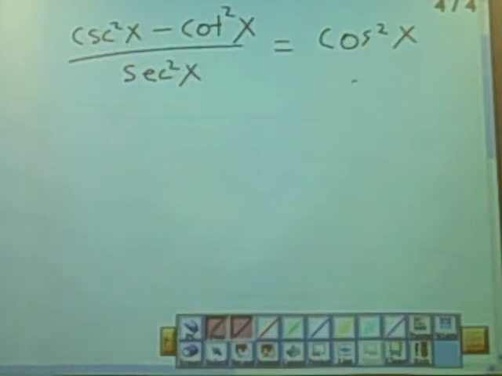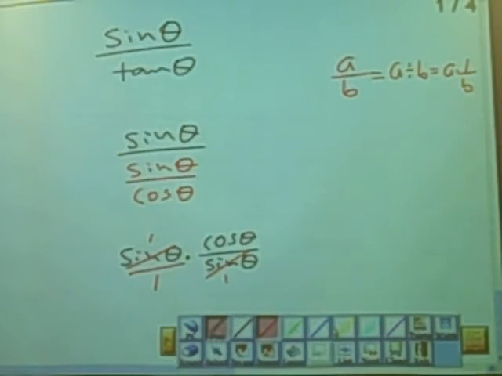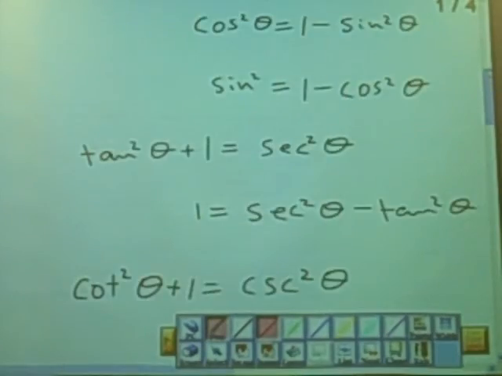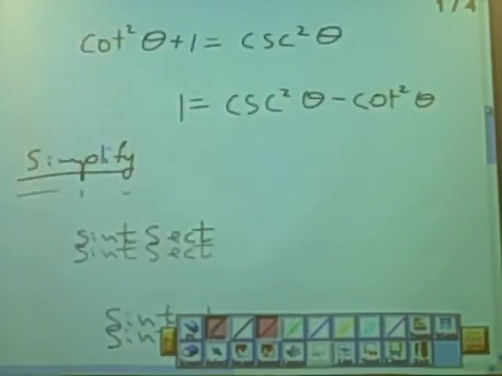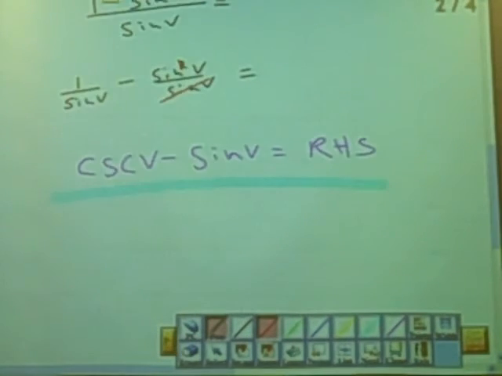Let's go back another page. Remember when we showed our trig identities for secant squared minus tangent squared is 1, and cosecant squared theta minus cotangent squared theta is 1. Well, that's what we're using here.